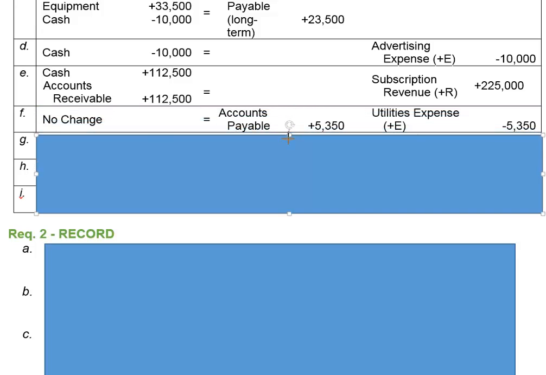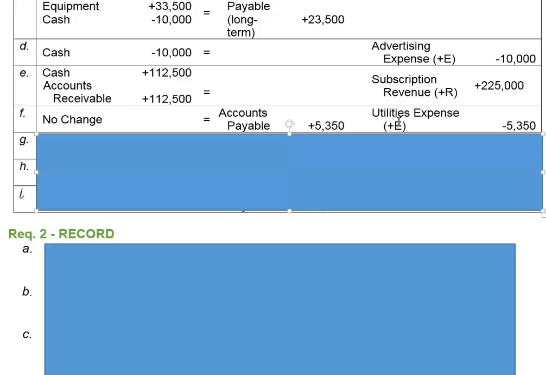If we look at F, what happened? Well, we incurred some costs. In F, it says we received the electricity and gas bill for $53.50 in January, but we're going to pay the bill later. So we're creating an account payable here, which is $53.50, because we're going to pay our utilities later. But these are utilities that were incurred in the month for which we're recording revenues and expenses and doing our statements. So that is an expense of the period.